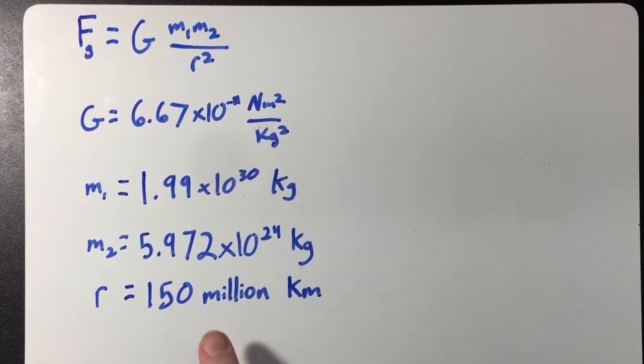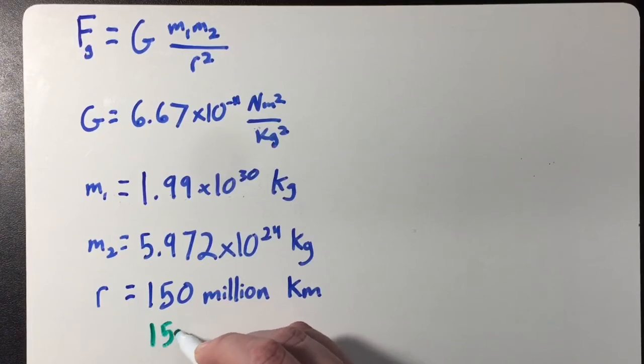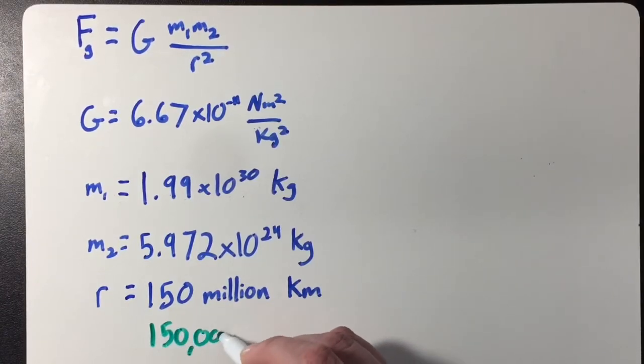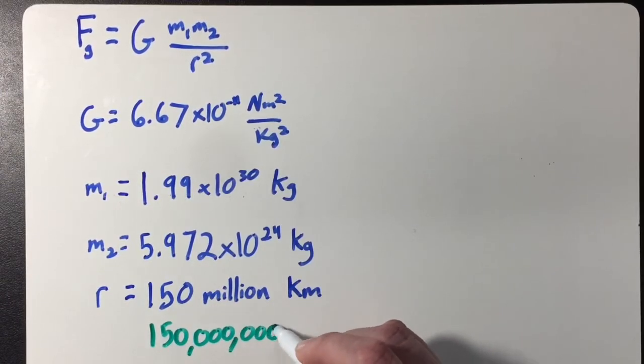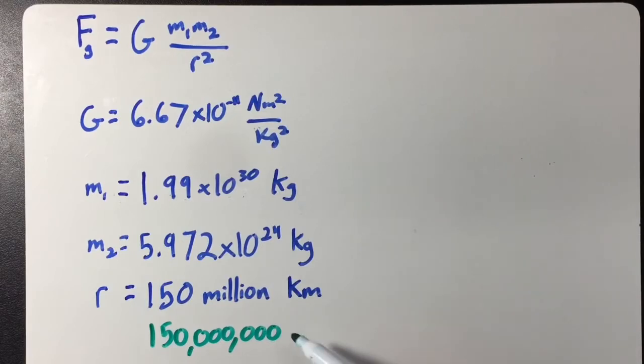So what I'm going to do here is first I notice it says 150 million kilometers. Since my units need to be in meters for this to work, I need to convert that from kilometers. So 150 million kilometers. To change it to meters, we multiply by 1,000, so I'm just going to add 3 zeros.